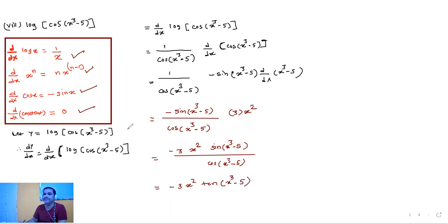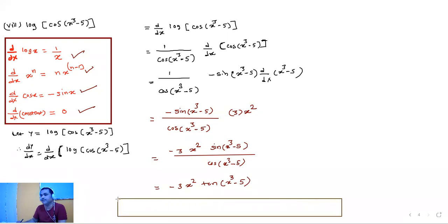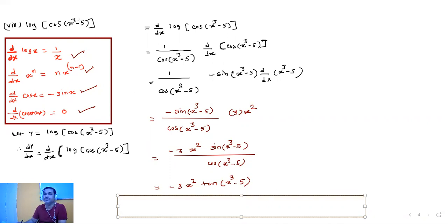And as I'm telling you, the final answer we always need to put in a proper bracket format. That is a necessity. Proper presentation is very important in the board examinations. So d by dx of log of cos of x cubed minus 5 is equal to minus 3x squared tan of x cubed minus 5. This is the answer to question number 8.